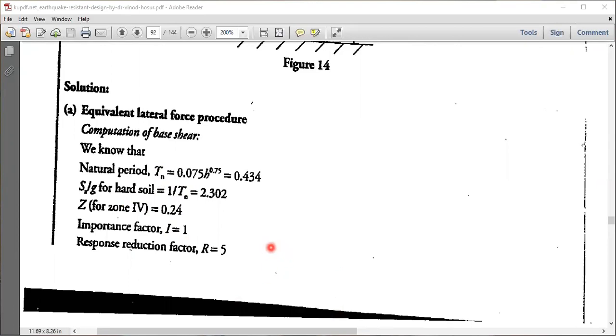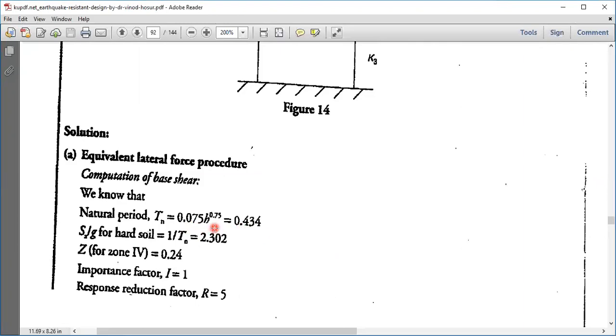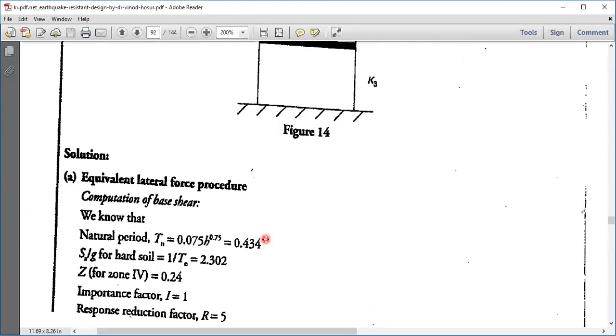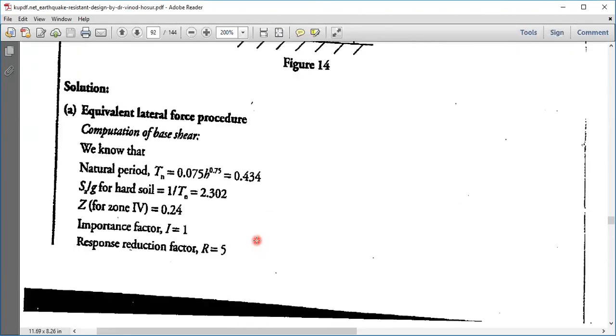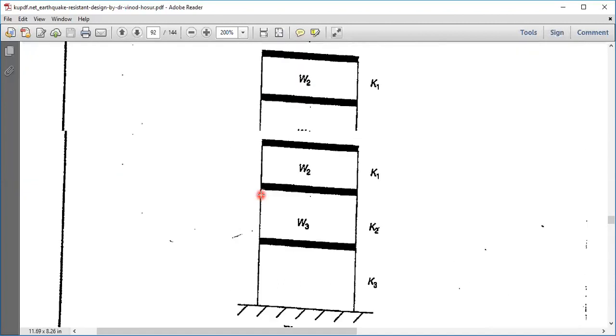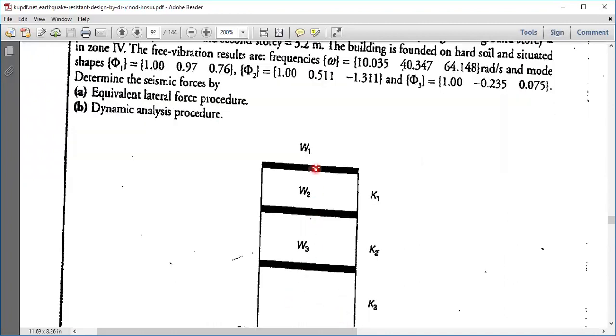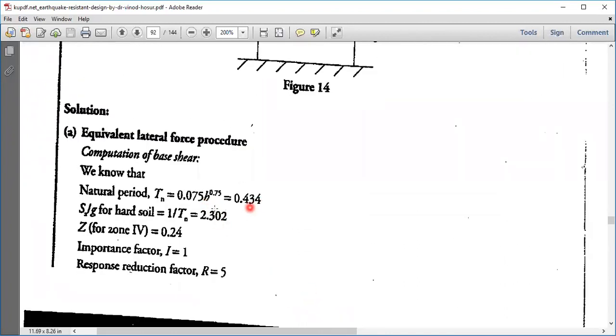It is an RC moment resisting frame, so Tn is 0.075 h raised to 0.75. That is what is used here, 0.075 h raised to 0.75, because it is an RCC special moment resisting frame. R is 5, and substitute in this h. H is, we know the total height, how much? 4 plus 3.2 plus 3.2. Substitute for the total height and get the value of Tn.